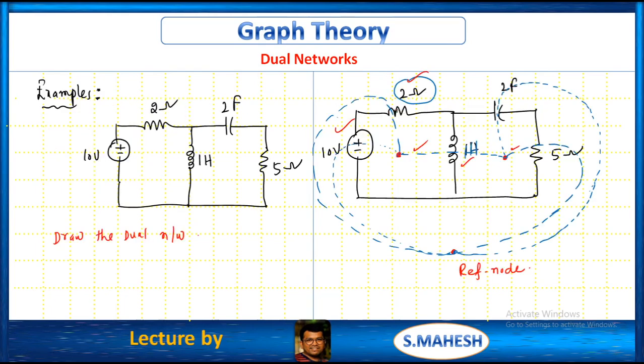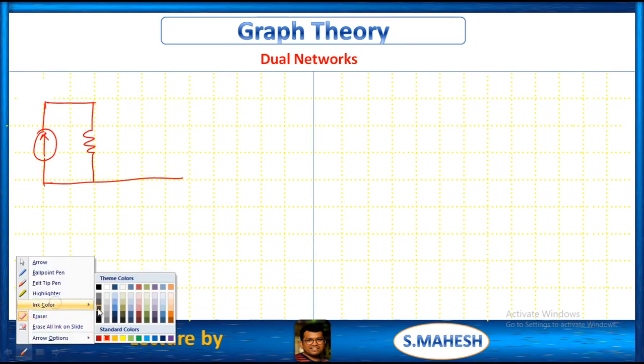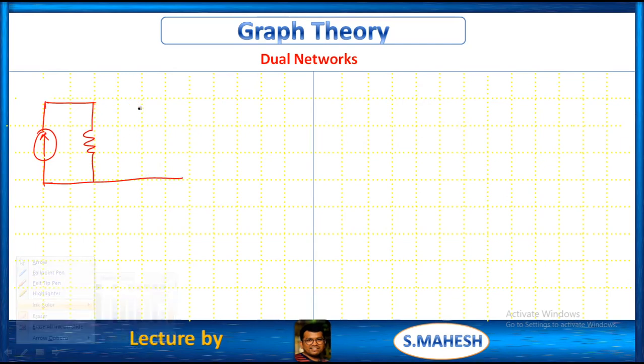Next, what about capacitance, which is replaced with what? Here, this is connected in parallel. Now in this we are having series, sorry. Now in the given network, the inductor is connected in parallel, but in the dual network it is replaced with a capacitor, that too connected in series, right?